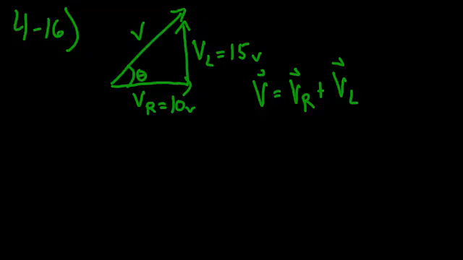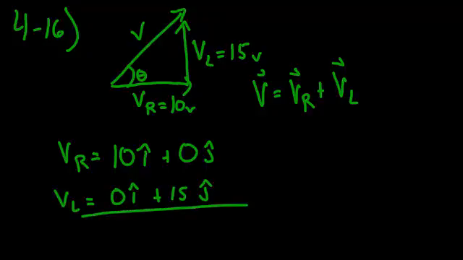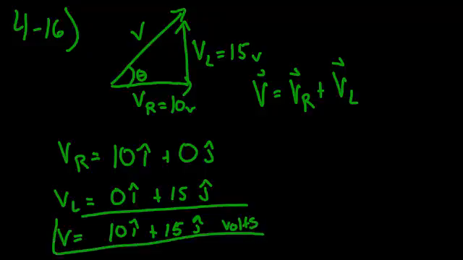So VR is equal to 10 i hat plus 0 j hat, and VL is equal to 0 i hat plus 15 j hat. To add these up for V, all we do is add our x components and our y components. So V equals 10 i hat plus 15 j hat, and this is in volts.